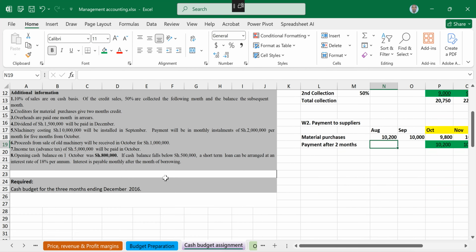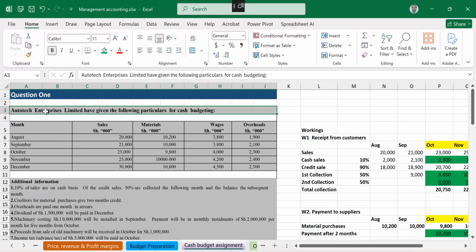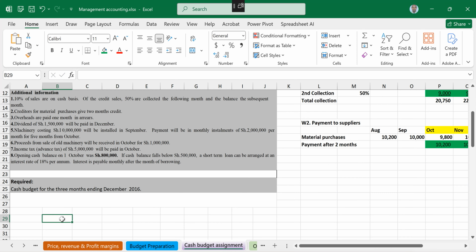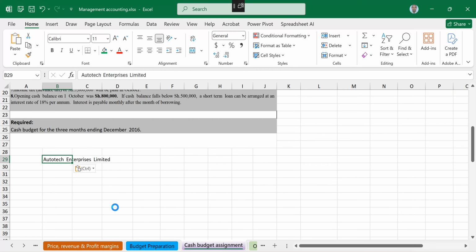Now the name of the company is Autotech. So we pick Autotech Enterprises Limited.